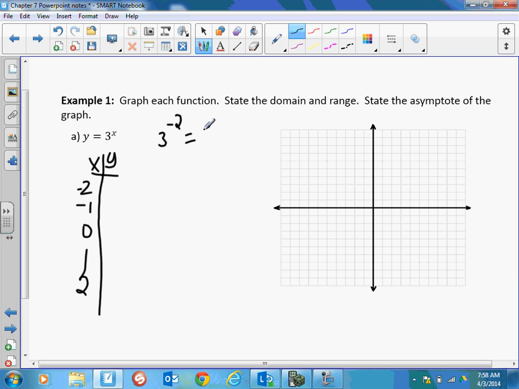When you have a negative exponent, it flips it upside down, or makes it the reciprocal, so it makes it 1 over 3 squared, which is 1 over 9. So I'd put 1 over 9 for -2.